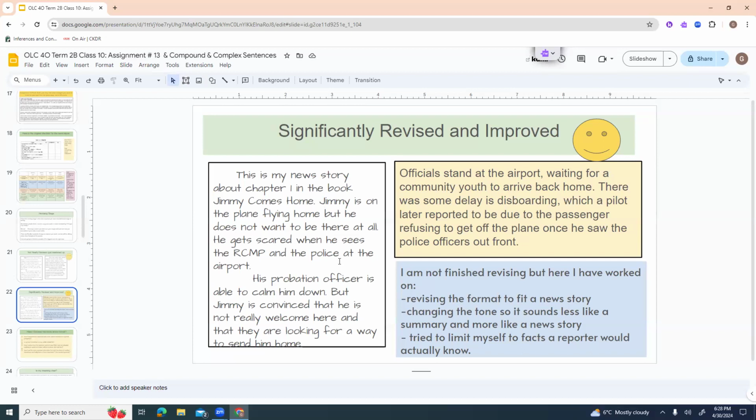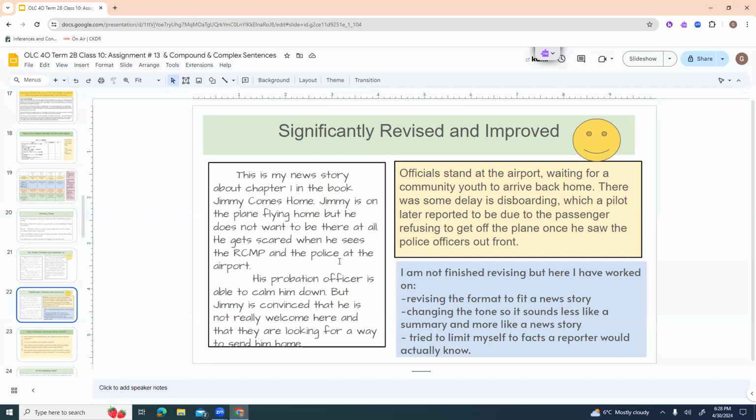Okay. And then here is my revised version. Officials stand at the airport waiting for a community youth to arrive back home. There was some delay in disboarding, which a pilot later reported to be due to the passenger refusing to get off the plane once he saw the police officers out front. Now, I haven't changed everything because I haven't had enough room there, but here are some things I've changed.